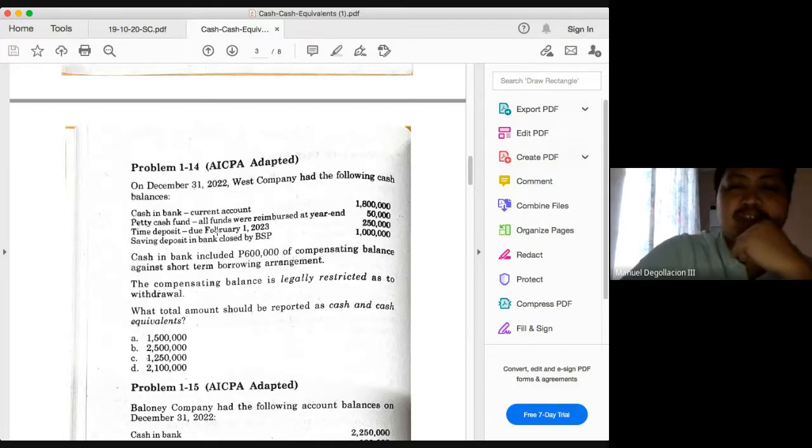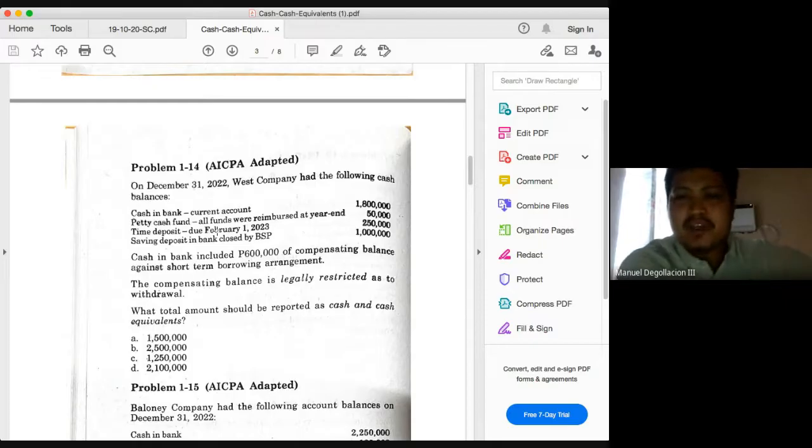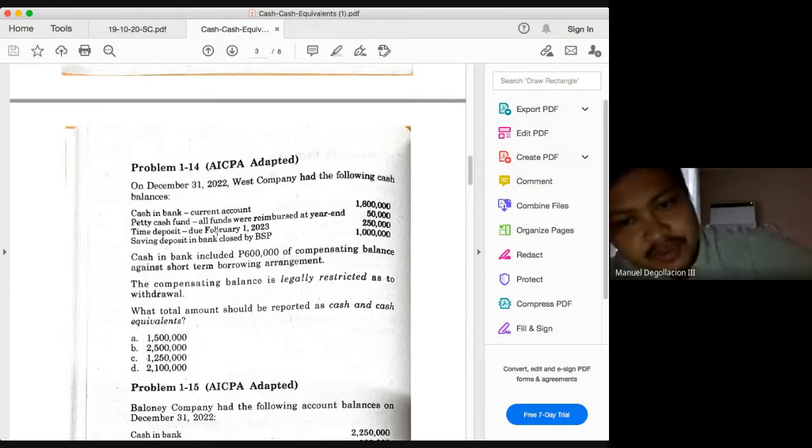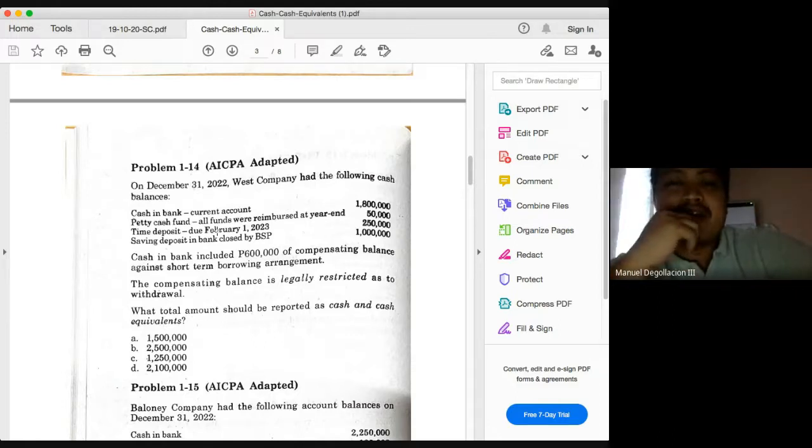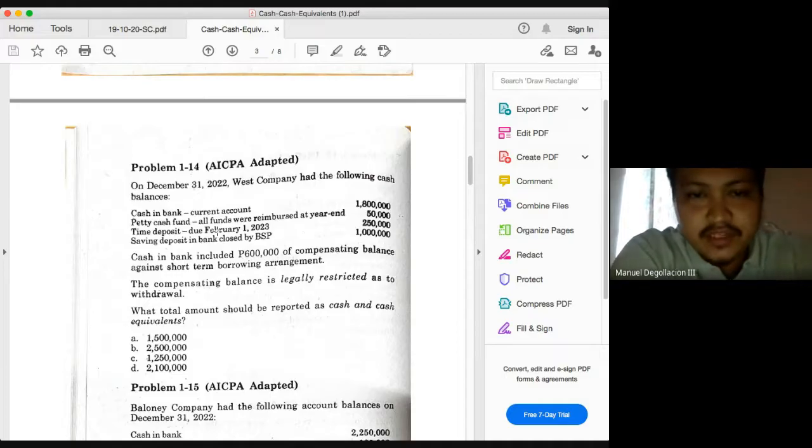So what we actually have here would be a receivable and no longer a cash balance. Okay, so the 1 million here will be transformed into a receivable, that is if we are able to get a full recovery. But at any rate, this will no longer represent a cash balance. We will be reporting a different receivable out of this item.